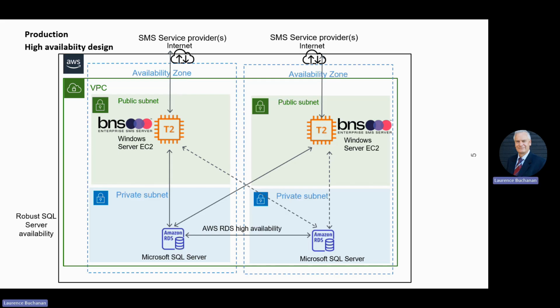But on the left-hand side, both servers are accessing the current available SQL Server in that design. From the outgoing side, the Windows servers both communicate with, in this example, a single SMS service provider. That could be two SMS service providers, and we'll go into that in our next discussion.